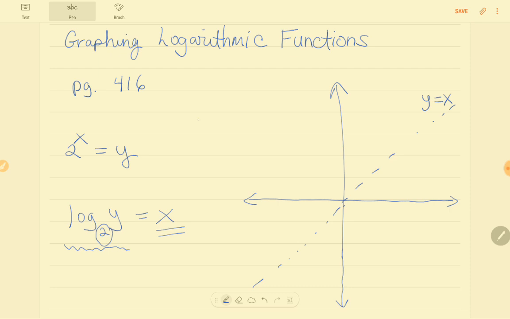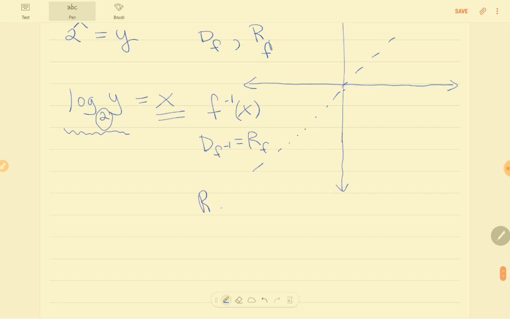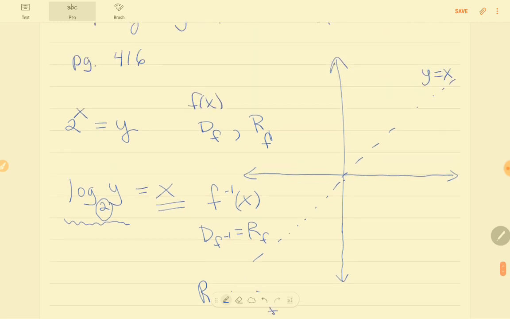So if you have a function f of x and you have the domain of f and the range of f, and then you have an inverse function, f inverse of x, then the domain of f inverse is actually the range of f, and the range of f inverse is the domain of f. In other words, x's and y's switch places.